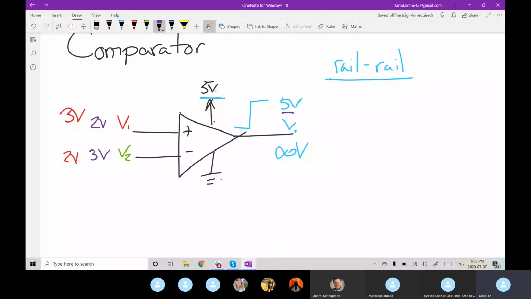So it's going to want to see a minus infinity voltage, but obviously is unable to do that. So now, if we were just sitting at our 5 volt, it's going to slam down, and we're now going to see 0 volts on our output.